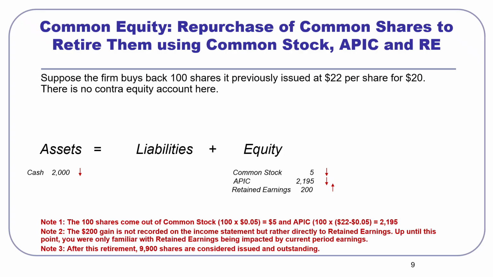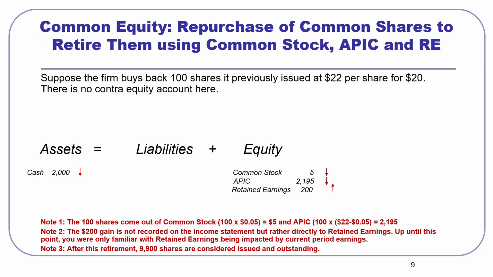As note 1 shows, 100 shares at par value of 5 cents is going to reduce the common stock account by $5 because there were 100 shares. APIC is reduced by the amount over par at issuance, which is $22 per share less 5 cents par value times 100 shares.